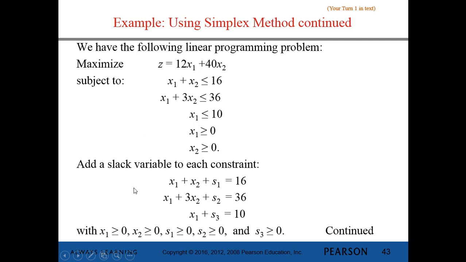Now we're going to add the slack variables. Now these two we ignore because we're just saying that these two are positive, which is always going to be the case in these types of problems. So what we're going to be changing are these three. So we're going to change all three of these into an equation by adding one slack variable. So we're going to add S1, S2, and then add S3 here, and we get this system of equations now.